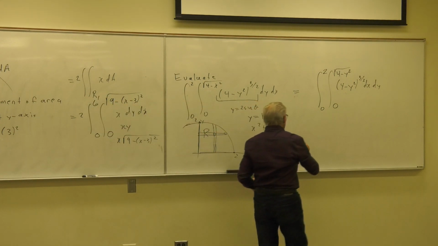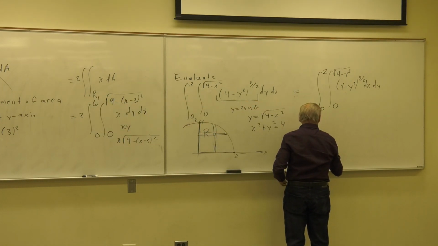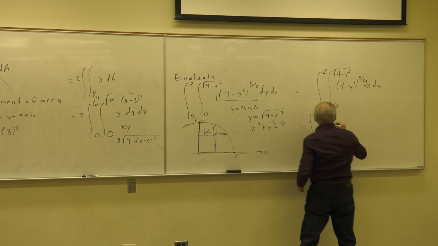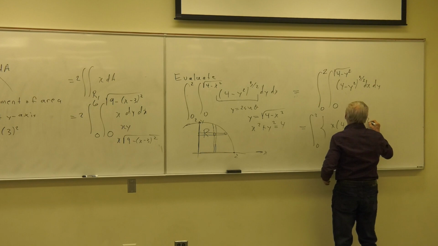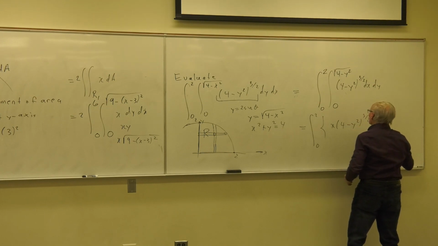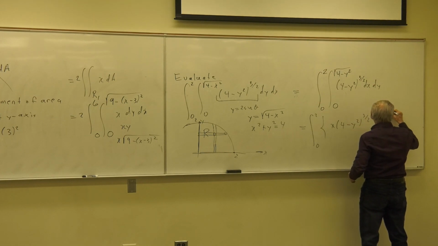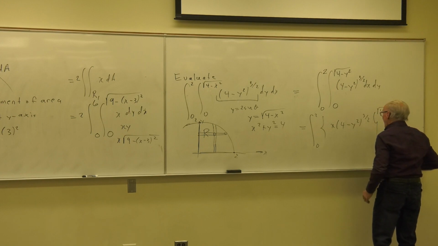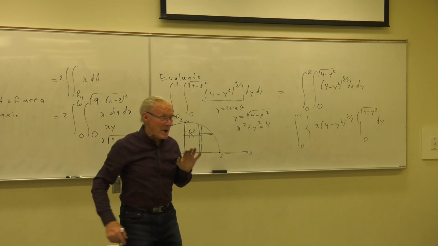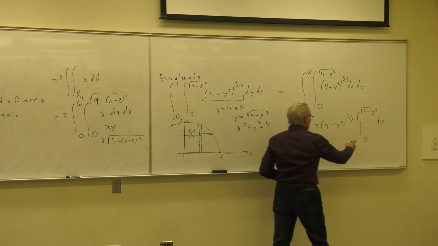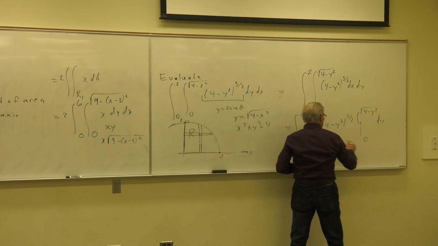And we said that this was very easy to integrate. The antiderivative is x times (4 minus y squared) to the 3 halves, into which we'll put 0 and the square root of 4 minus y squared, and then integrate with respect to y. And you can see that helps tremendously. Putting in x equal to 0 is gone.